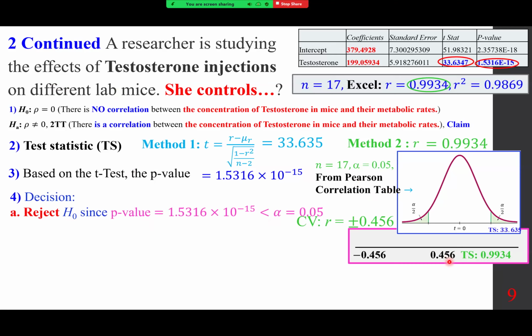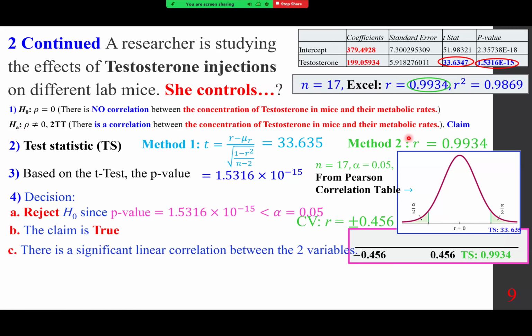If you're rejecting H0, you're not rejecting the alternative hypothesis, which makes the claim true, and therefore there is a correlation. So we're going to write there is a significant linear correlation between the two variables.